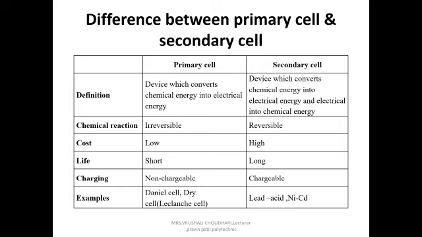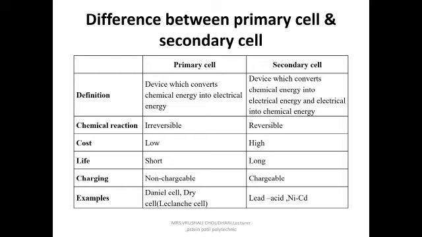Electrochemical cells are differentiated into two types: primary cell and secondary cell. What is the primary cell? A device which converts only chemical energy into electrical energy, while a secondary cell converts chemical energy into electrical and electrical into chemical energy.